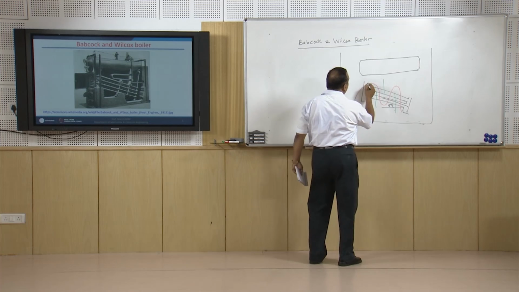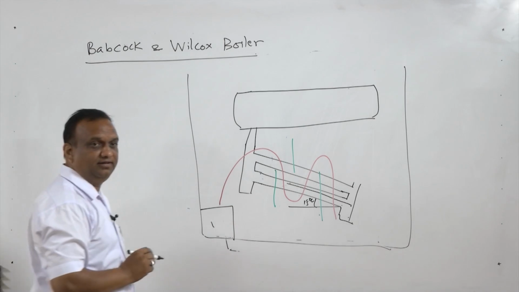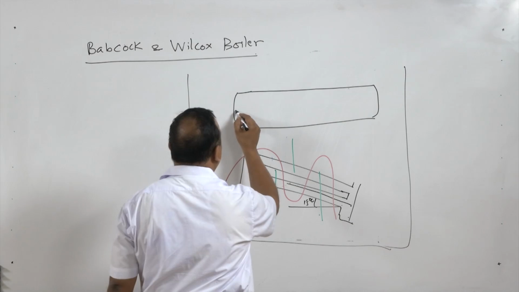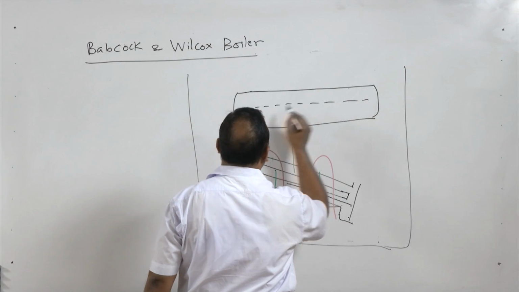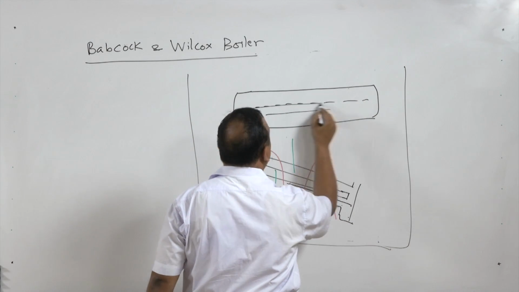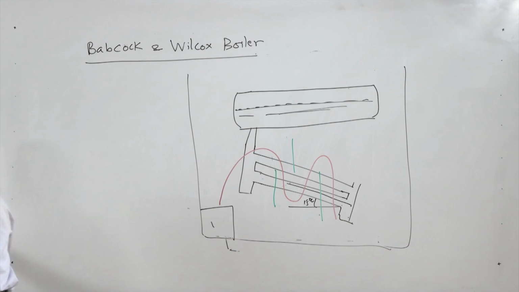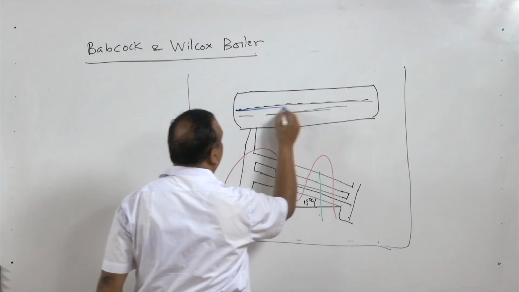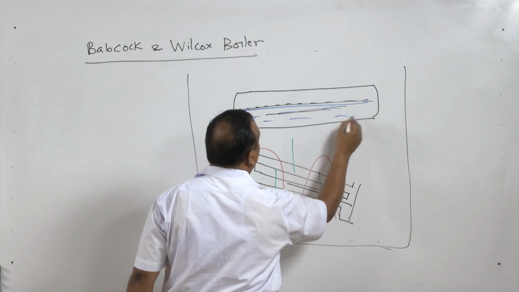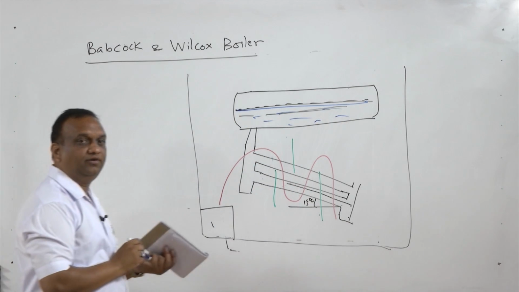Steam generated in the boiler goes to the shell, and the shell, as in the other case also, is partially filled with the water and partially filled with the steam. So this lower part is filled with the water and upper part is filled with the steam.